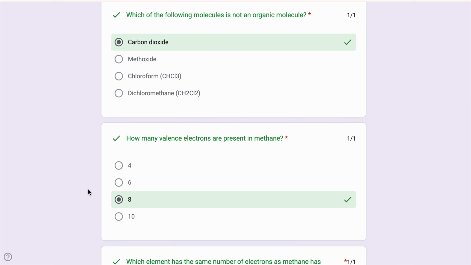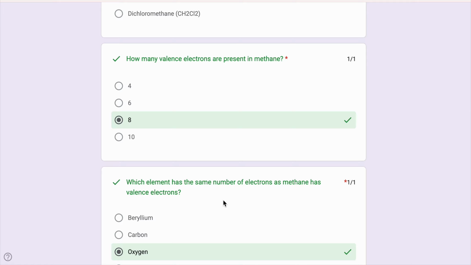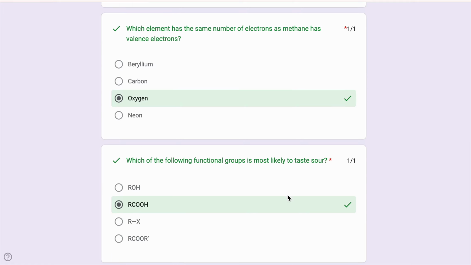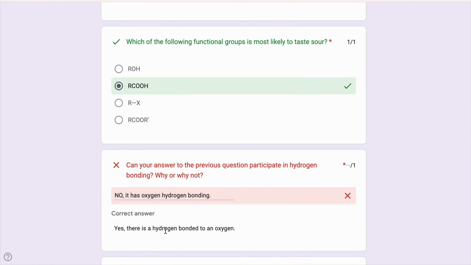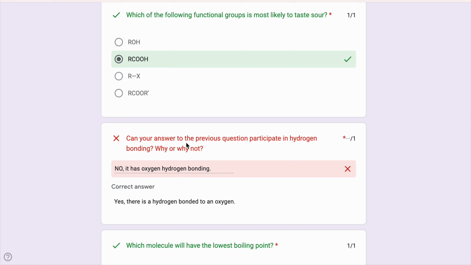How many valence electrons are present in methane? Good. Yes, there is a hydrogen bonded to an oxygen.